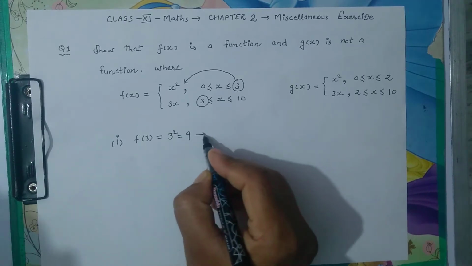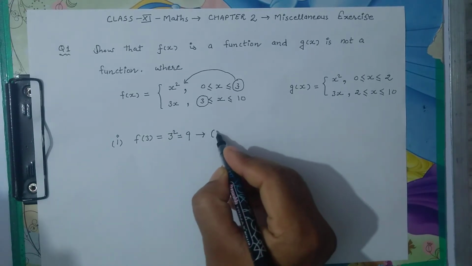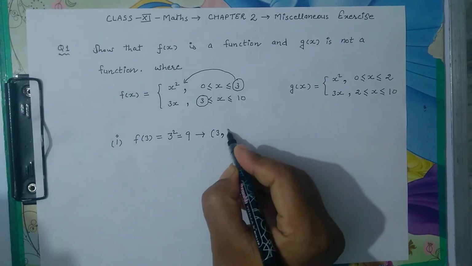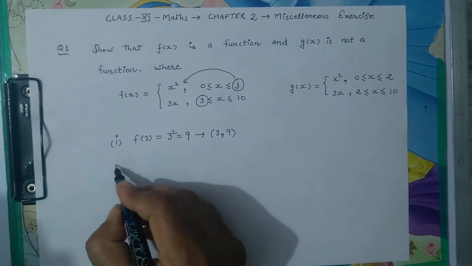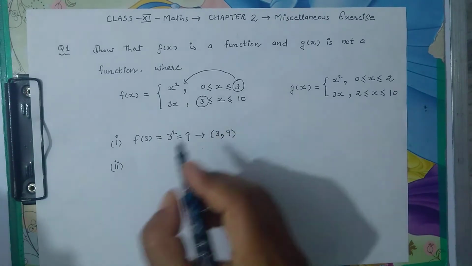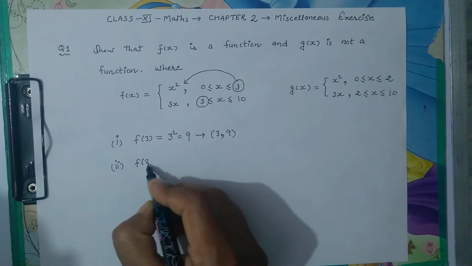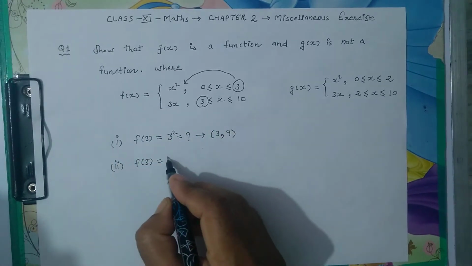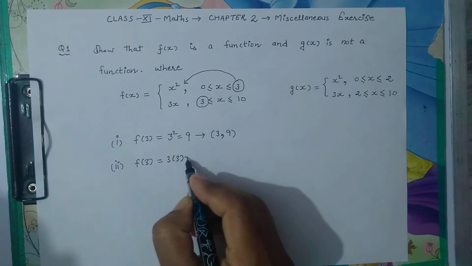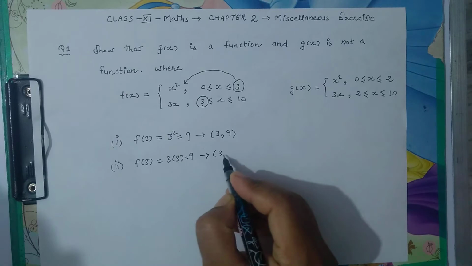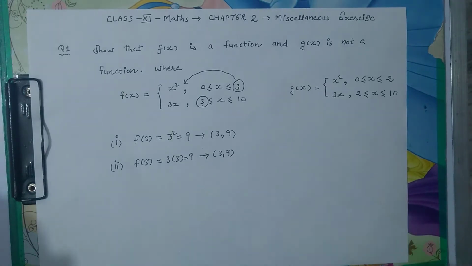From here we can say first ordered pair is x is 3 and y is 9. Second time x is equal to 3, again x is 3, but y this time is 3 into 3, this is equal to 9. Again the same ordered pair 3, 9 is obtained.